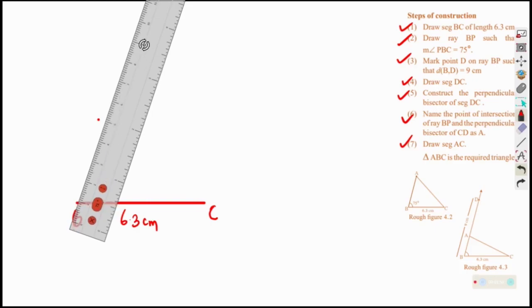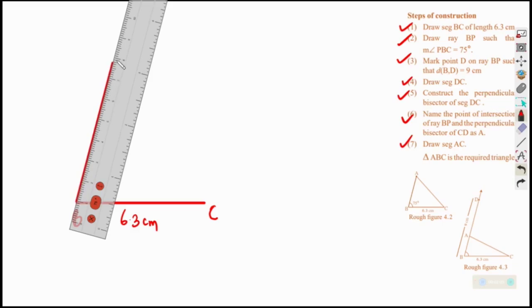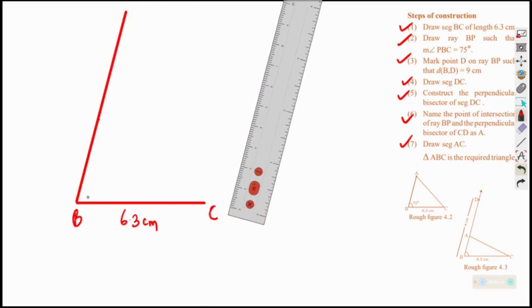Okay, you understood what is actually happening. Okay, so now you got the 75 degree angle. Now you have to remove it and bring the compass to mark 9 centimeter.